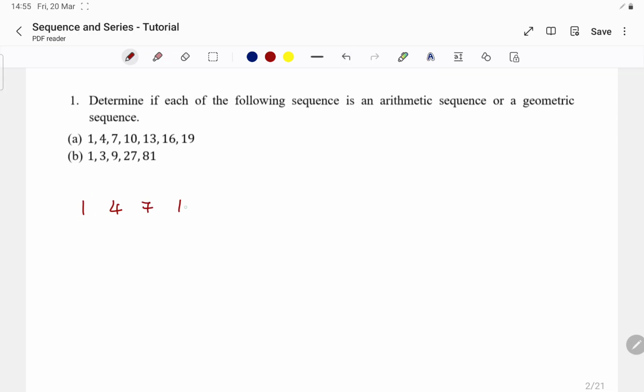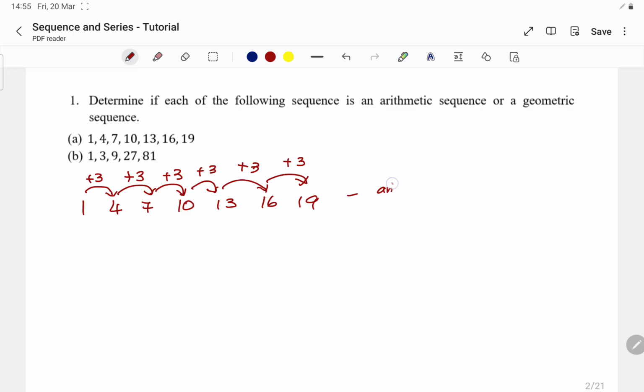In order for us to check whether it is arithmetic or geometric, what you have to do is check the difference here. It is plus 3, plus 3, plus 3, until the last term, plus 3, plus 3. So basically it is an arithmetic sequence.